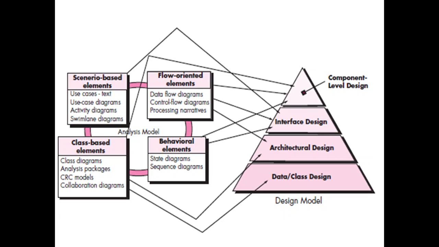Here behavioral elements give the input for interface design and component level design, and flow oriented elements give input for three designs, that is component level design, interface design and architectural design. Likewise, the scenario based elements provide input for the interface design. Likewise, class based elements provide input for architectural design and data or class design.